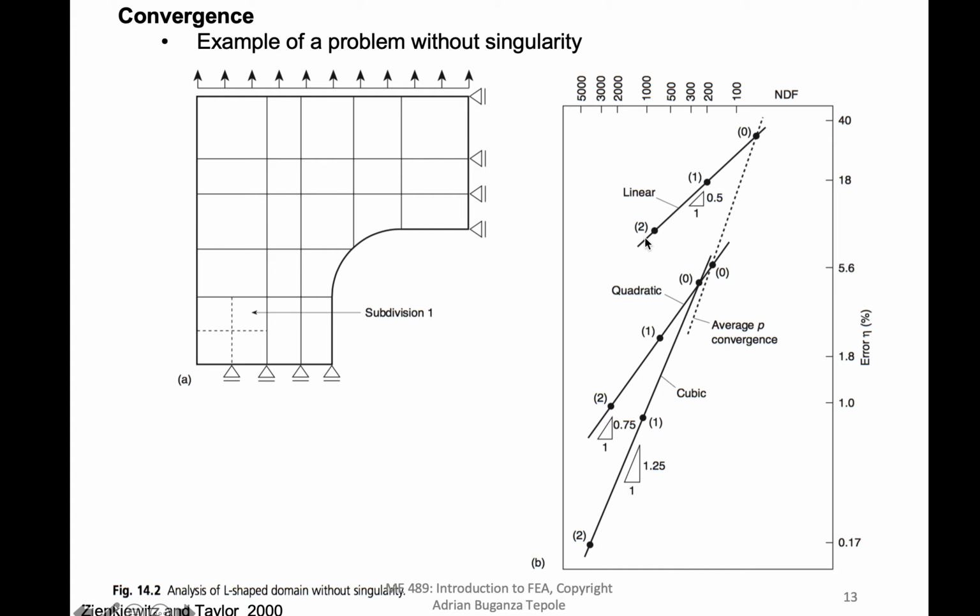You're going to get quadratic convergence in the displacements using linear elements, and then you will get a higher rate of convergence using quadratic, and more convergence with the cubic. So as you refine the mesh, you get better and better solutions.